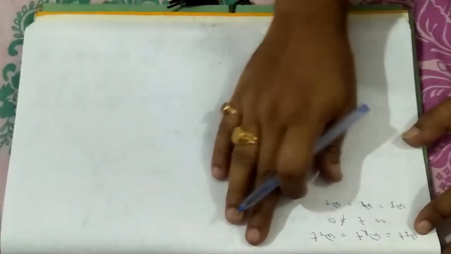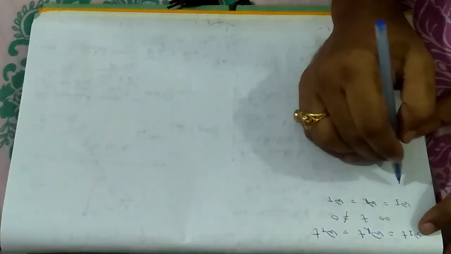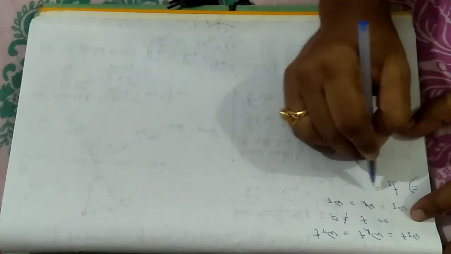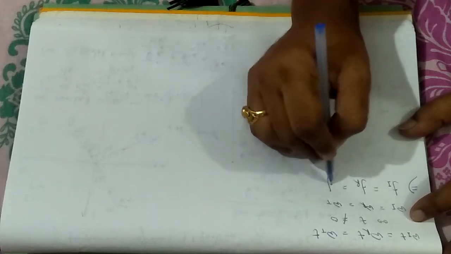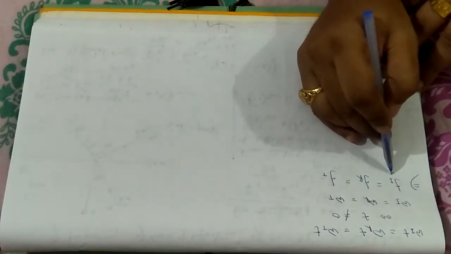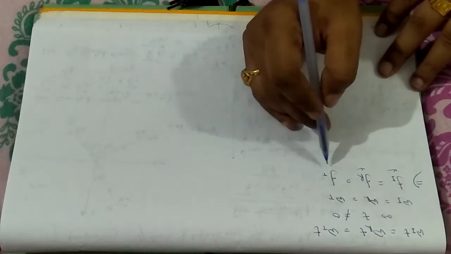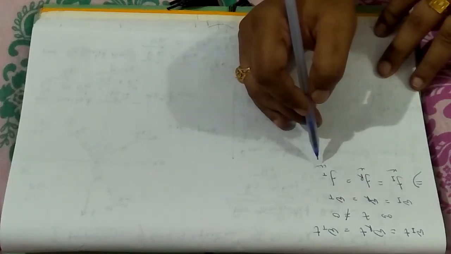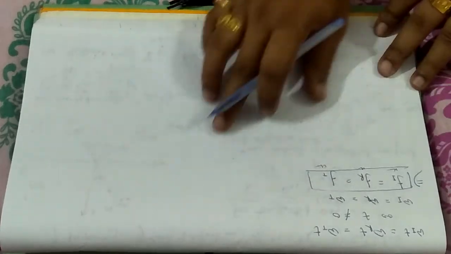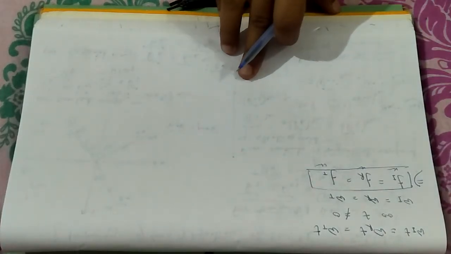Now if we consider the frequency from the angular frequency, we can write f_I will be equal to f_R will be equal to f_T. That is, the frequency of the incident wave, frequency of the reflected wave and frequency of the transmitted or refracted wave are the same. So the first law of reflection or refraction is hence proved.